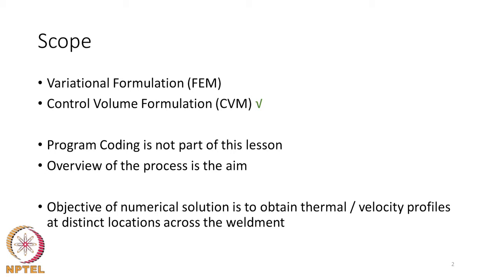The first class is based on the variational formulation, and these are the methods that are used for FEM type of calculations, and many commercial softwares which use thermal and distortion calculations usually adopt this method. And then there is the second class of numerical tools which are based on the control volume method, which can also be related to the finite difference methods, and these are very popular where the fluid flow and heat transfer are going to be considered.